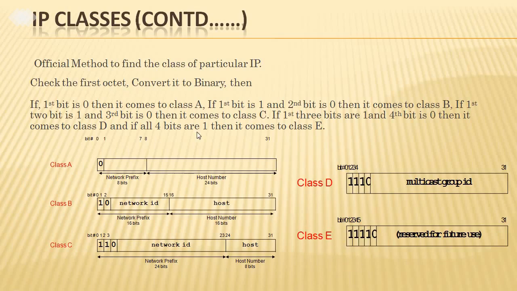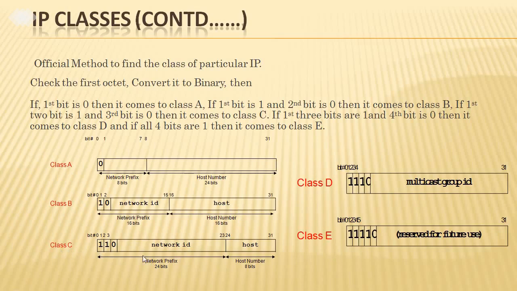Here you can understand, students, this is Class A, which starts with bit 0. This address shows a network prefix of 8 bits, and the remaining 24 bits are the host number. In Class B, it starts with 1 and 0, the network ID, and the host ID is 16 bits.